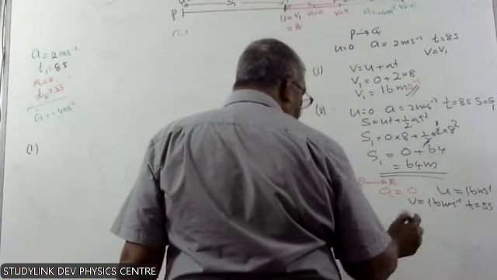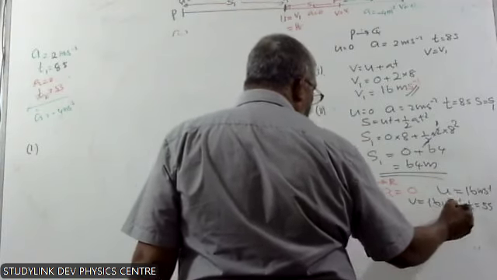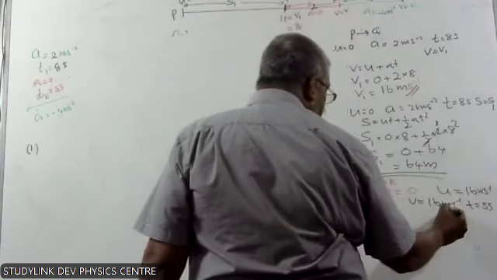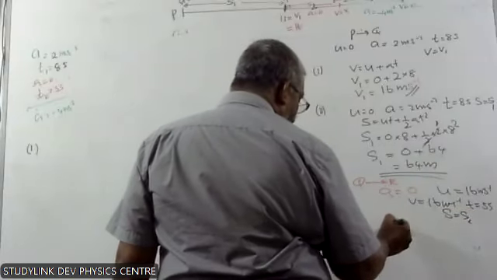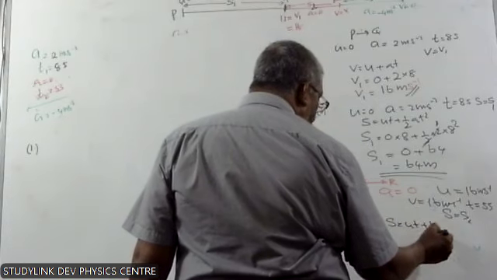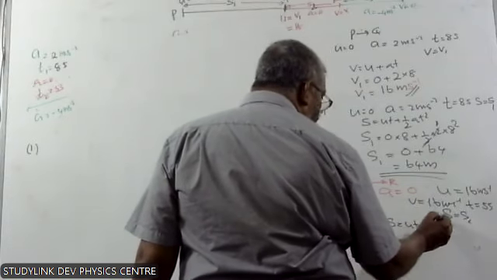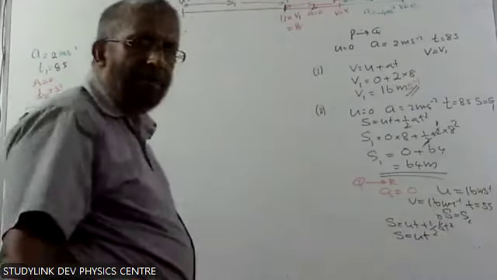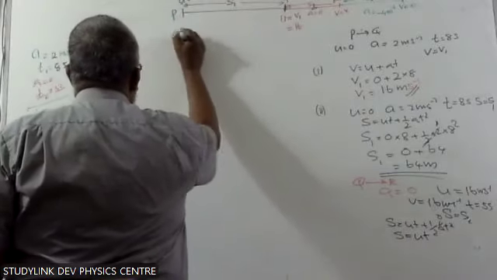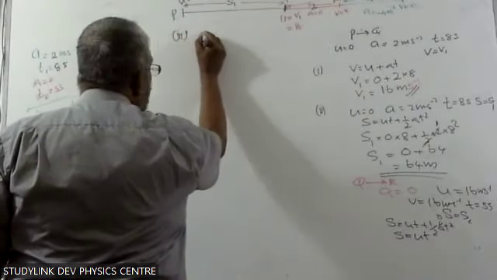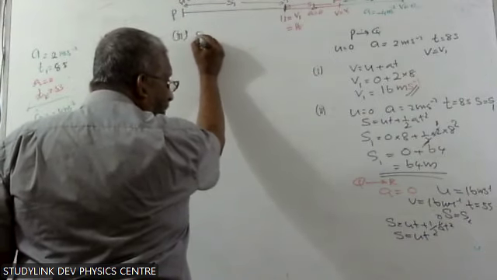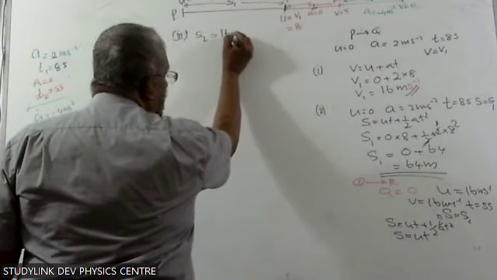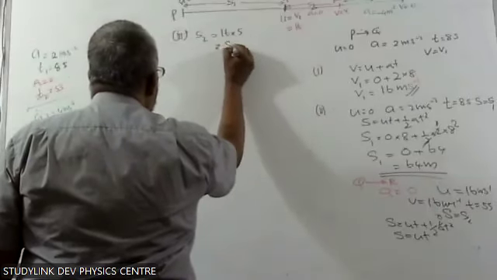If distance is needed, S is to be found. S is S2 here. Then S is equal to ut plus half at squared. But a is 0, no? So no acceleration. Therefore, S is equal to ut only. Right? So S2 is equal to u is 16, t is 5, then 80 meters.